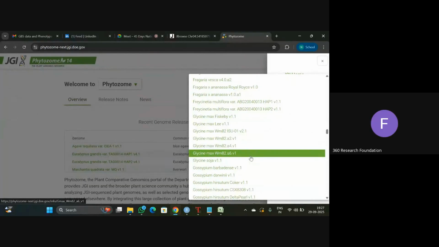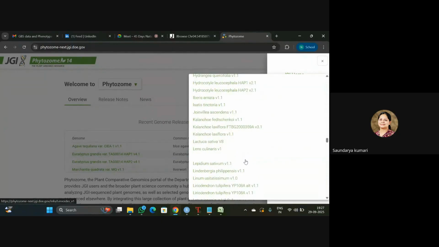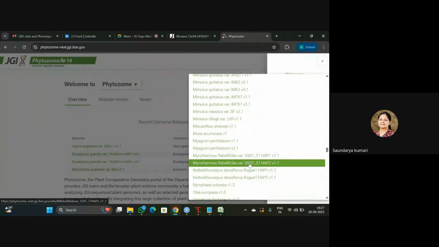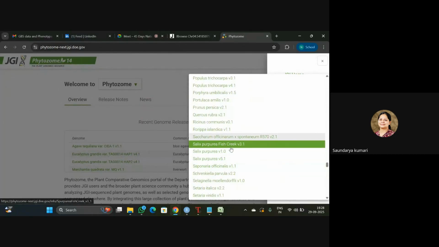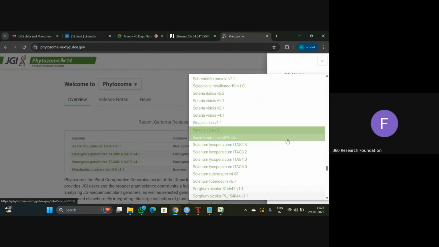Or suppose after that we go for RNA expression, for that we need to study that particular accession. At that time, we need the accession data as well. Apart from the reference, we need to concentrate on that accession also.